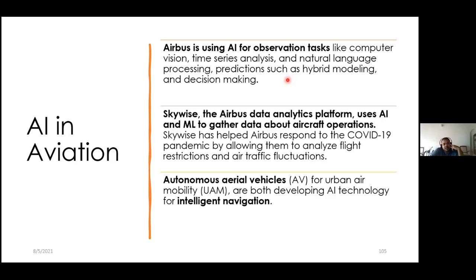So they're using the information they had for pattern recognition and to figure out what restrictions you need to apply, what routes you will probably not run, and air traffic fluctuations, how that will work with live data. So there's a lot of information that gets processed along those lines.